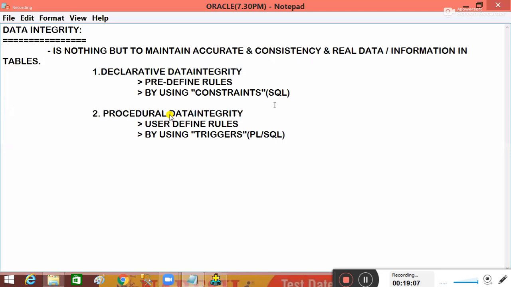Now, let me come to the first one, declarative data integrity. This we can check out now.